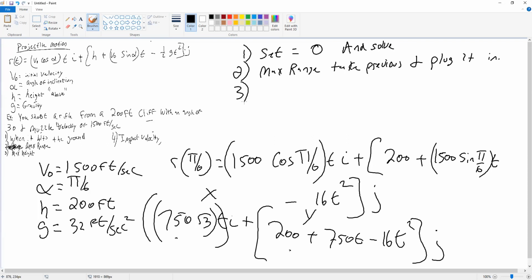To find the max height, what do we do? That's y prime.